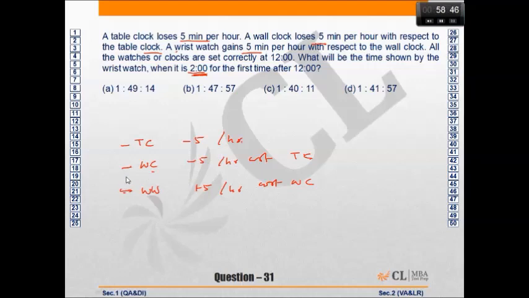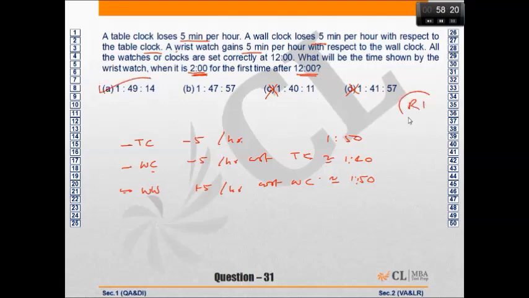Okay, so if I say at 12 o'clock, all of them were right. At 2 o'clock, this will have lost 2 hours, so this will be 150. Now this will take it to around 140, and this will bring it back to around 150. It should be less than 150 but close to 150. This is wrong. This is wrong. Yeah, A should be the answer.